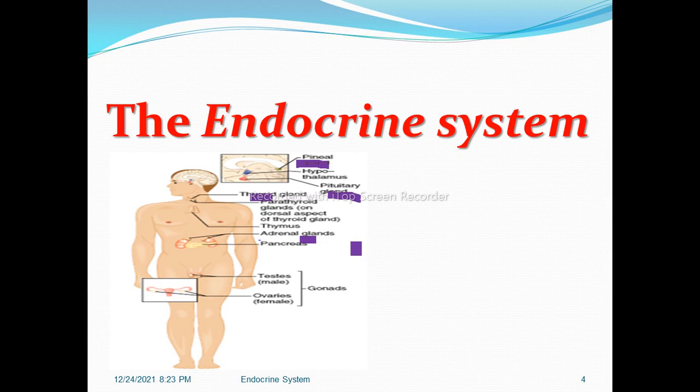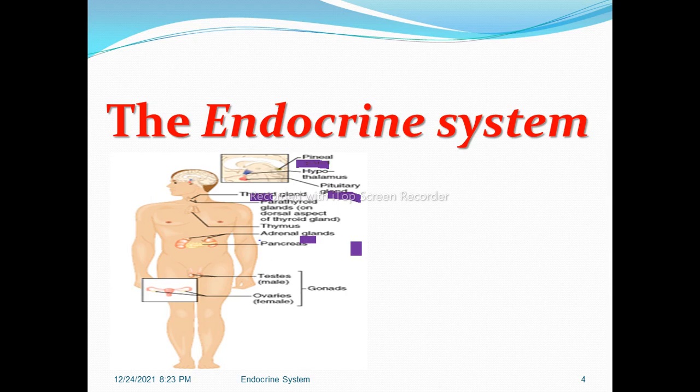The pure endocrine glands are the pituitary gland, pineal gland, thyroid gland, parathyroid gland, and adrenal gland. They serve only as endocrine glands.